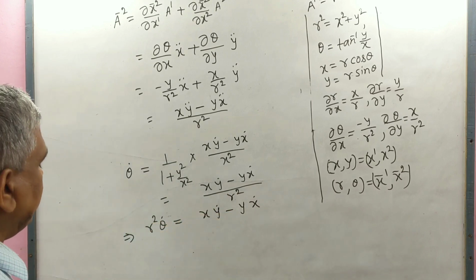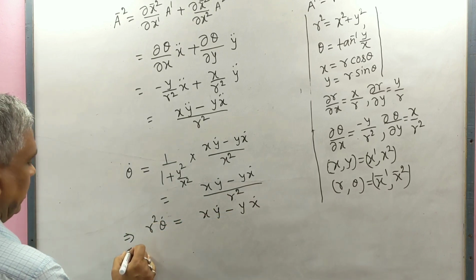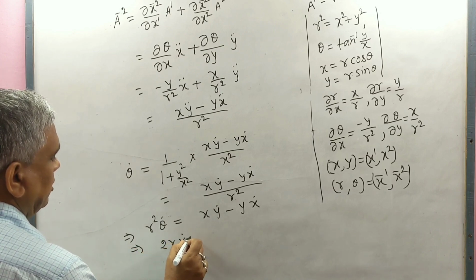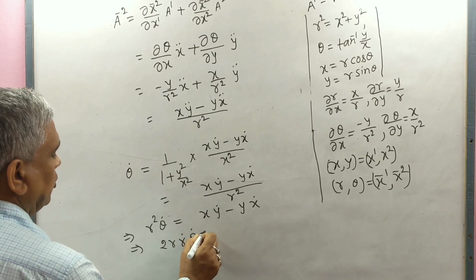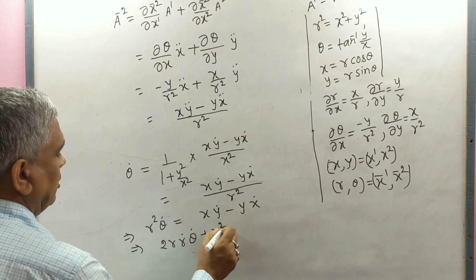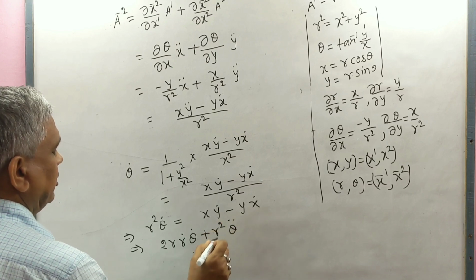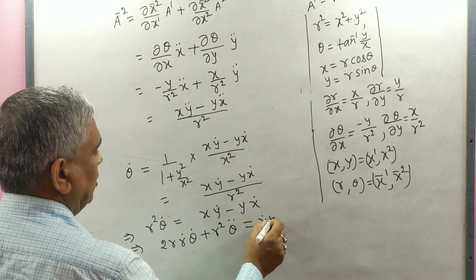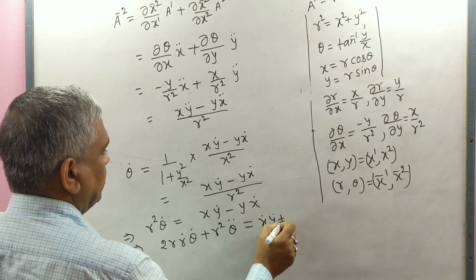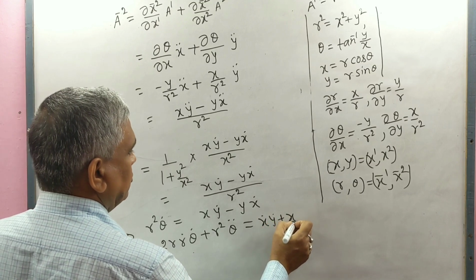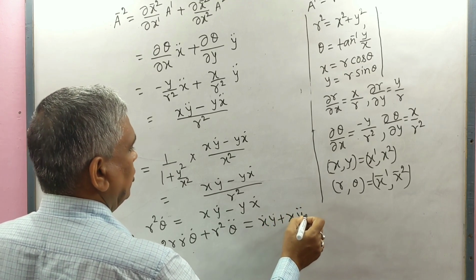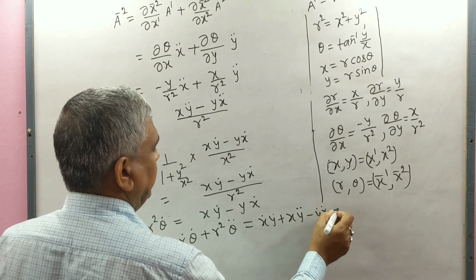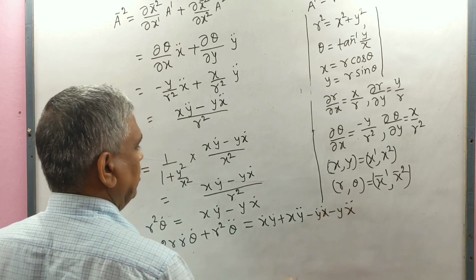Again differentiating both sides with respect to t, we get 2r dot theta dot plus r square theta double dot equal to x dot y dot plus x y double dot minus y dot x dot minus y x double dot.